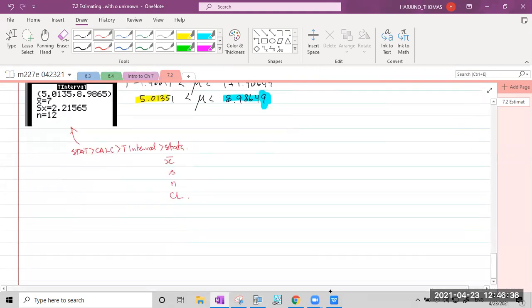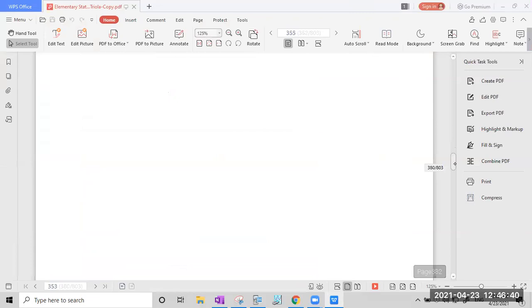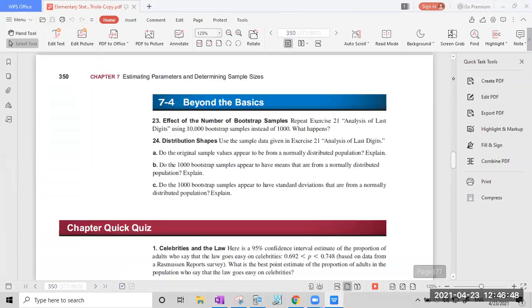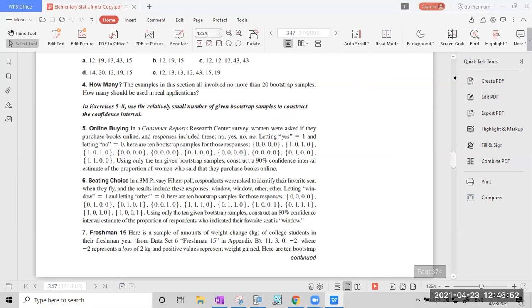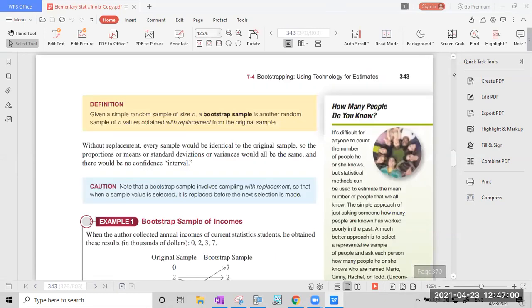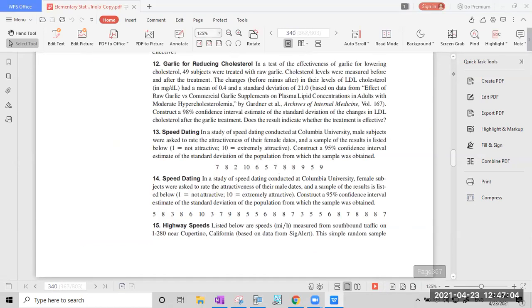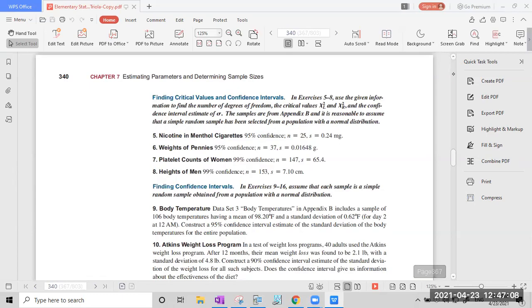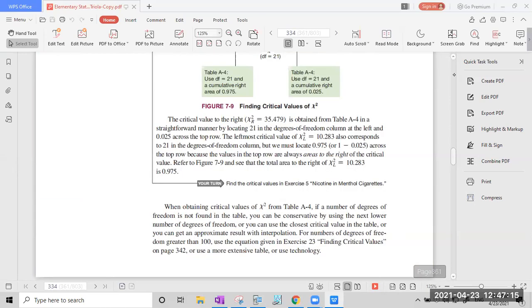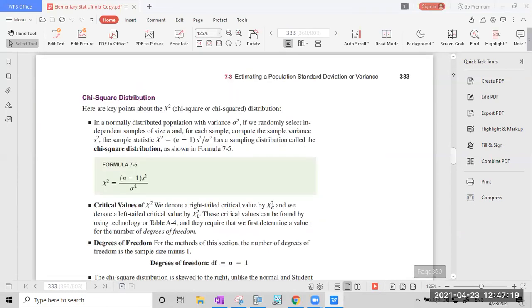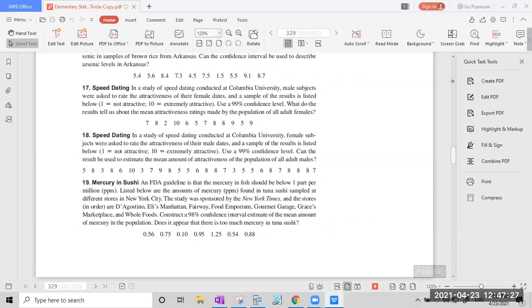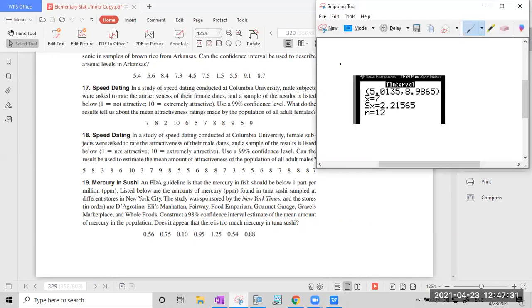Now let me ask you to try one more question using the technique. Number 19, mercury in sushi.